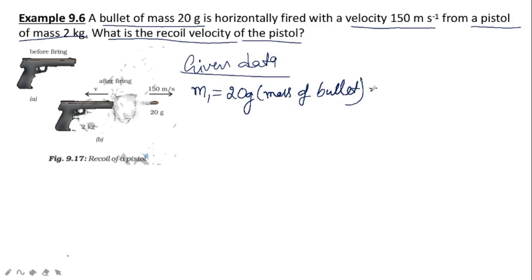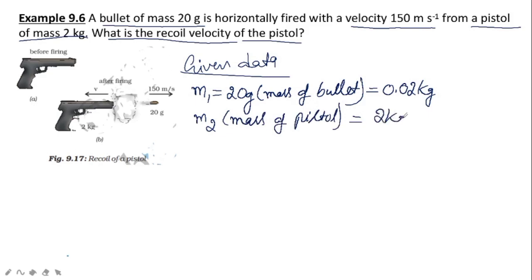So if we convert this 20 gram into kg, we get 0.02 kg. And then m2, what is m2? This is the mass of the pistol. How much have they given here? That is 2 kg. The mass of the pistol is 2 kg.